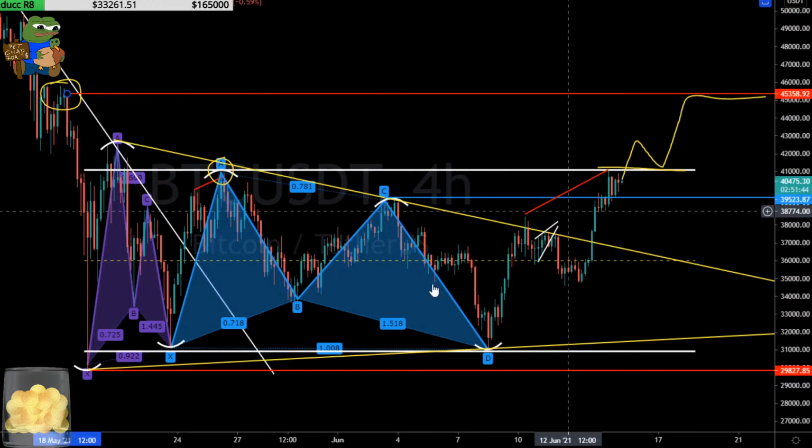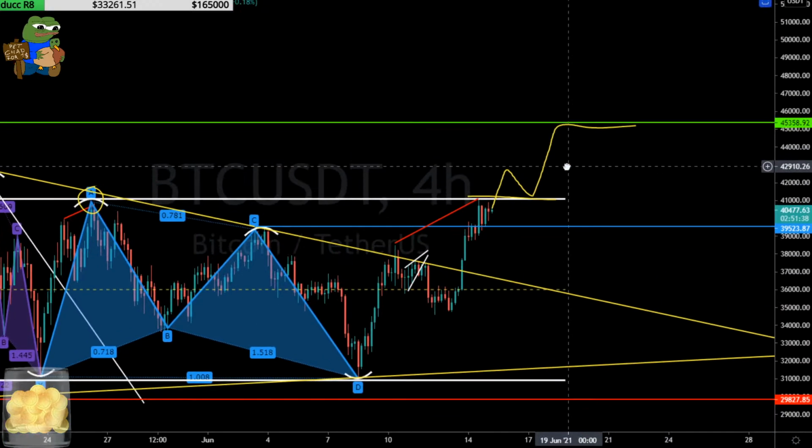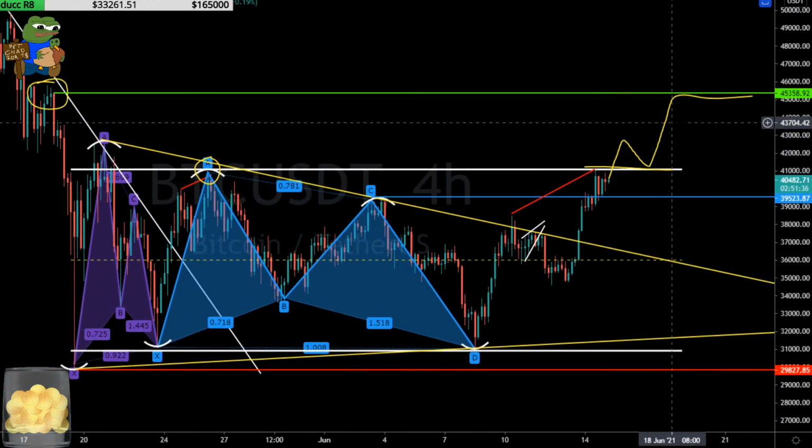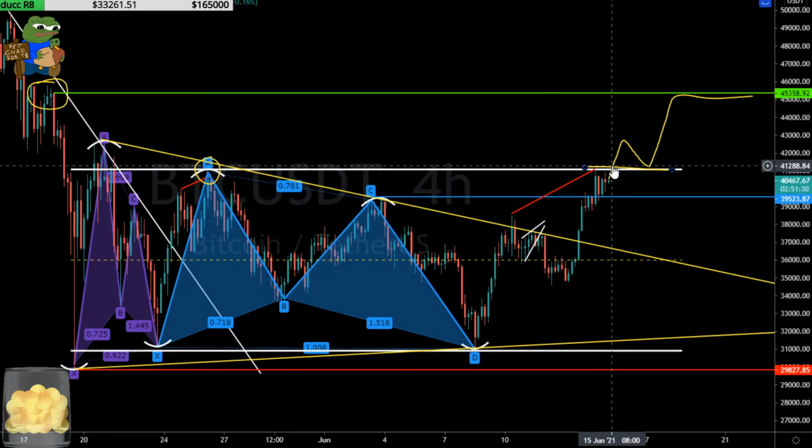Bonk. See what I'm talking about there? Whatever, green. Okay, so that's the area, 46. If we can get above 41 and regard 41 as support, you'll go straight to 46, okay?